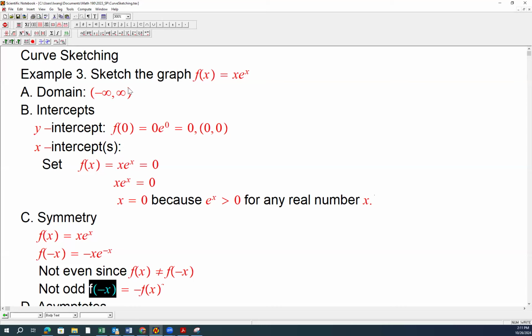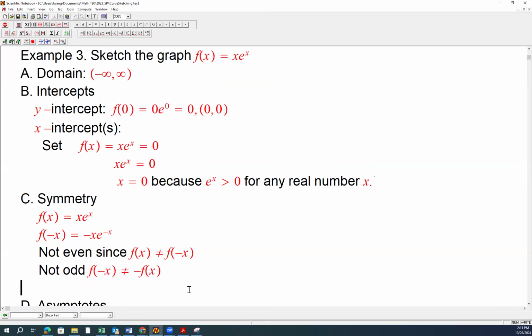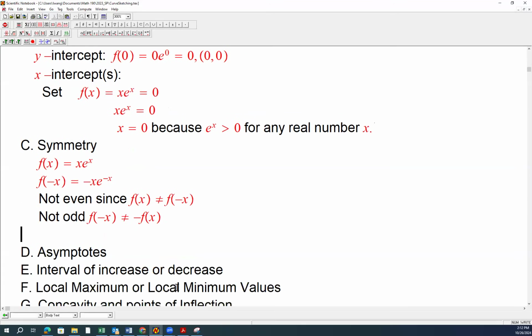This is obviously not true, because if we put a negative sign in front of f of x, we get negative x times e to the power x. So they're not the same. We have neither even nor odd, so there's no symmetry.